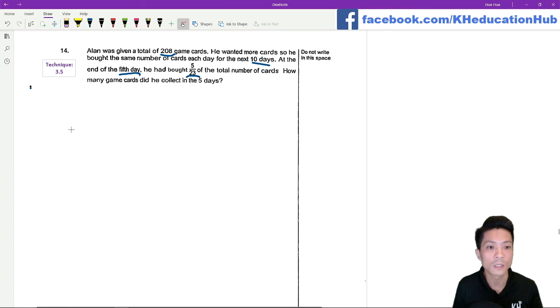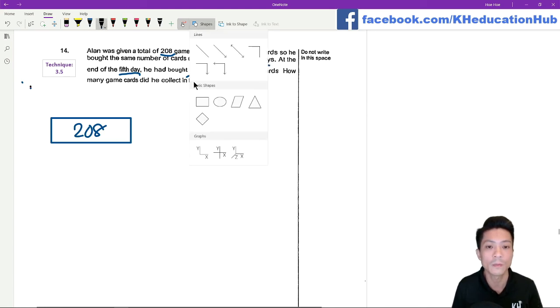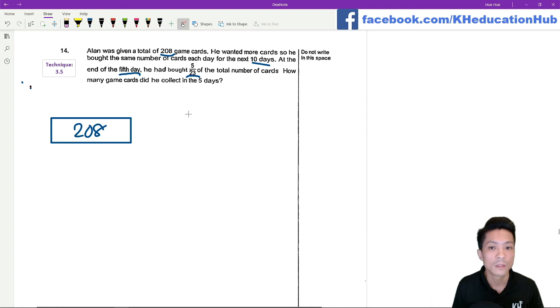Let's draw a model. Alan was given 208. He wanted more, so he bought the same number of cards each day for the next 10 days.